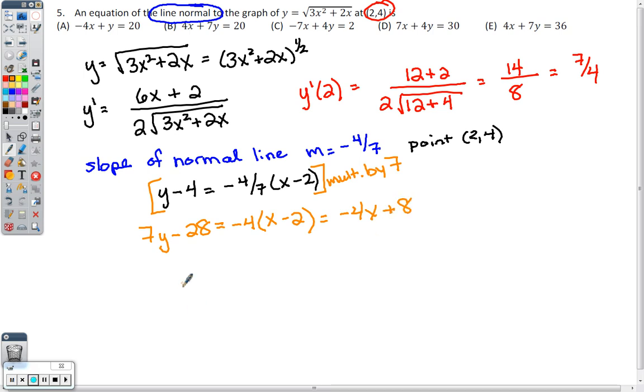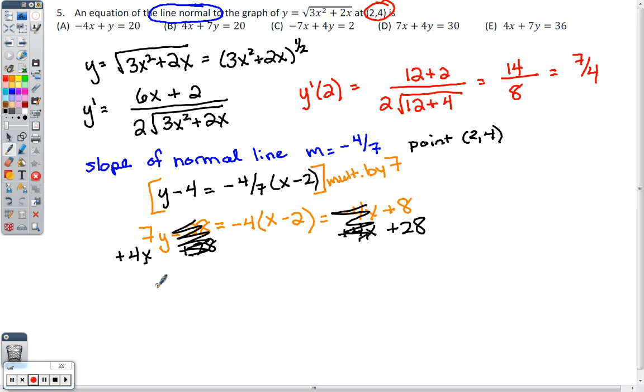Okay? And then the next thing I'm going to notice is that in all of these answers, all of the variables are on the same side, and all of the numbers are on the other side. Okay? So I'm going to move some stuff around. I'm going to add 4x, and I'm going to add 28, and that's going to go away, and that's going to go away.